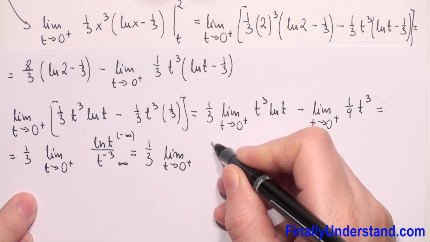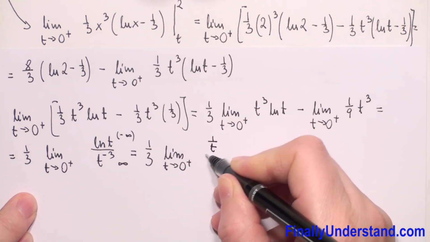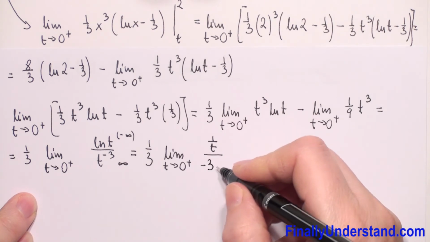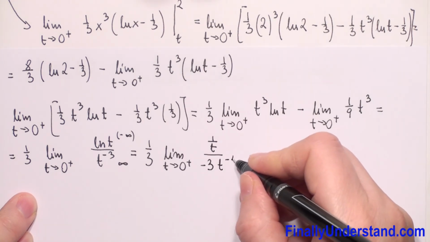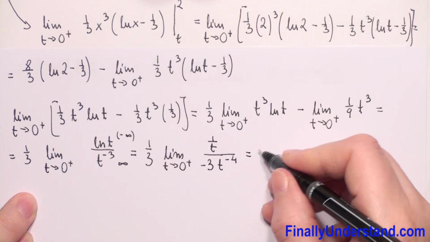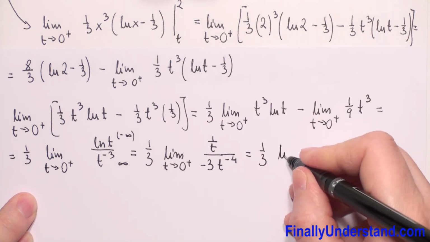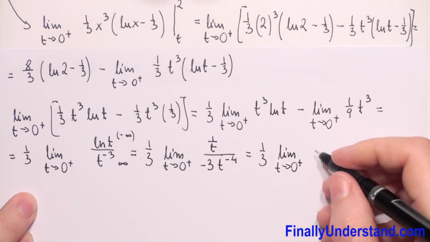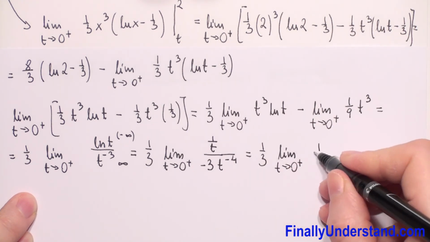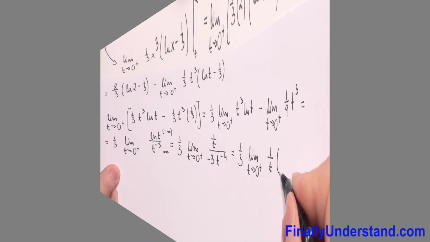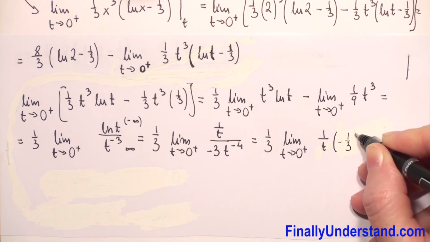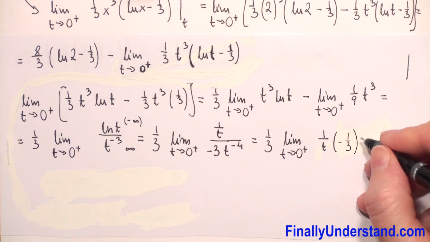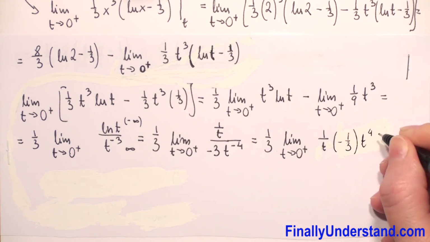Derivative of numerator, natural logarithm, is 1 over t, and derivative of t to negative third power is negative 3 times t to power negative 4. So now we have 1/3 times limit t goes to 0 from right, and we can rewrite that this is equal 1 over t times negative 1/3, and we have t to negative 4 power, so it will be times t to 4th power.